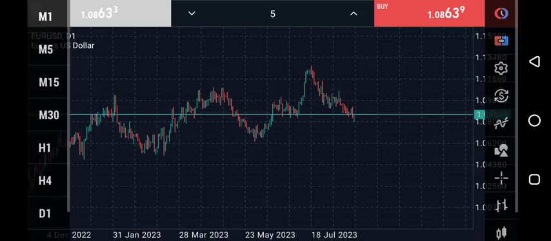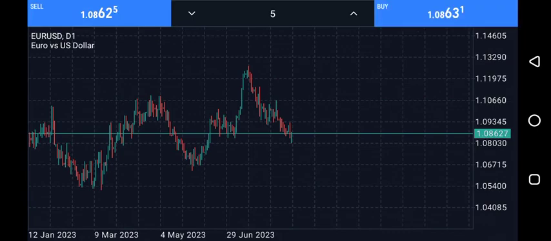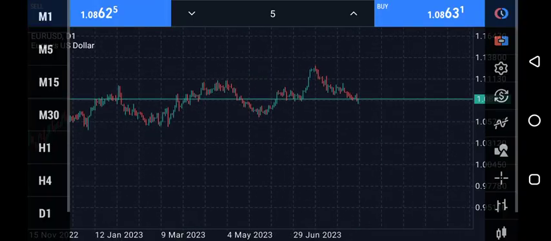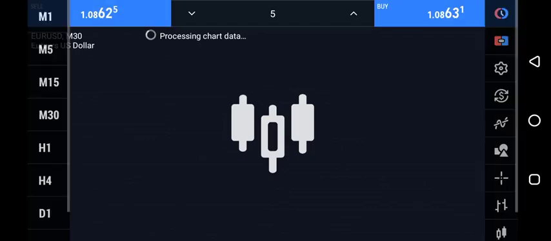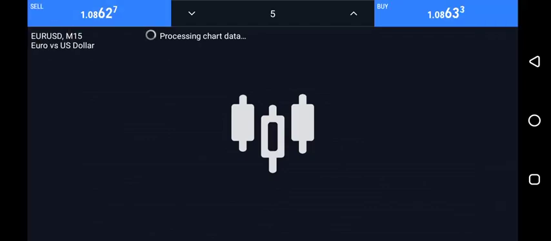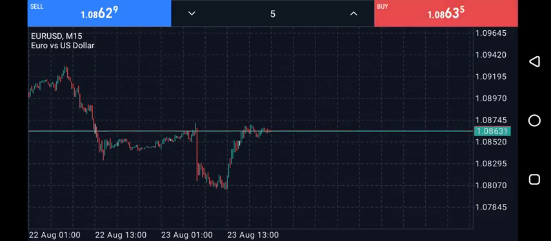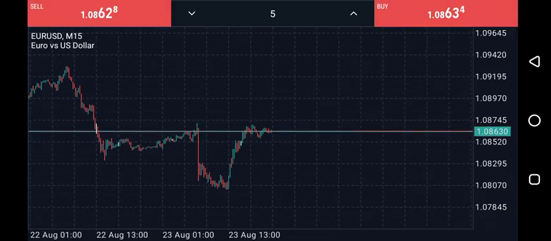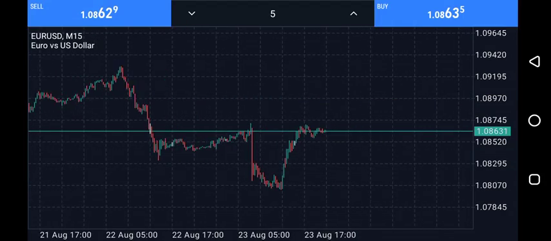Because if you scroll through your chart from the daily time frame to your 4-hour, to your 30-minute, to your 15-minute, there are lots and lots of other blocks. As you all know, the order block is the last bearish or bullish move before the push downwards or upwards.